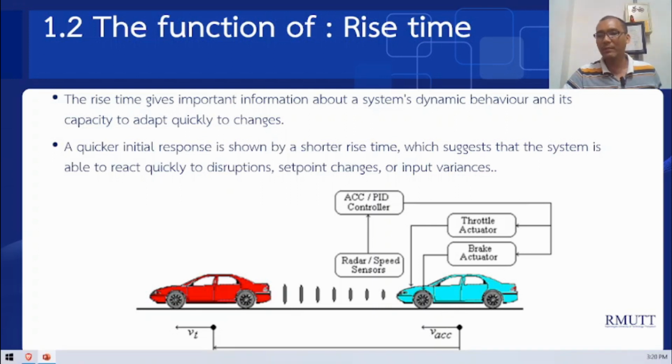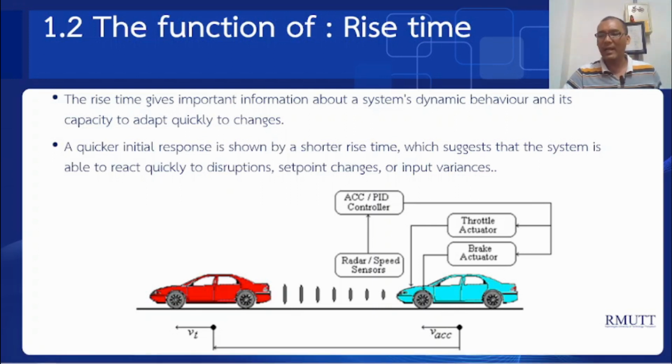In conclusion, rise time is an important control system parameter that helps engineers fine-tune the system's responsiveness to satisfy certain objectives, whether it's for obtaining quick changes, reducing overshoot, or ensuring comfortable and stable operation.